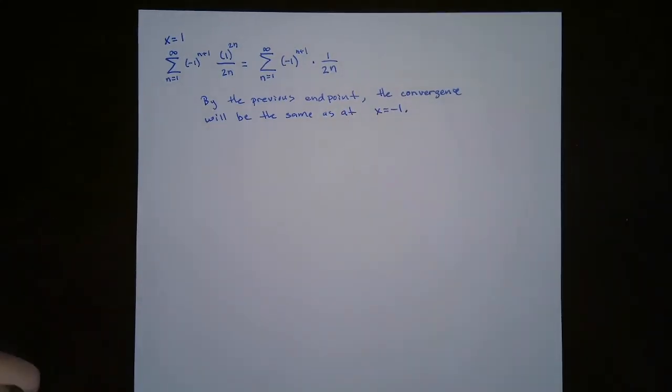Don't judge my English, all right? By the previous endpoint, the convergence will be the same as at x equals negative 1. Okay, so what was it at x equals negative 1? At x equals negative 1, it was conditionally convergent, okay?